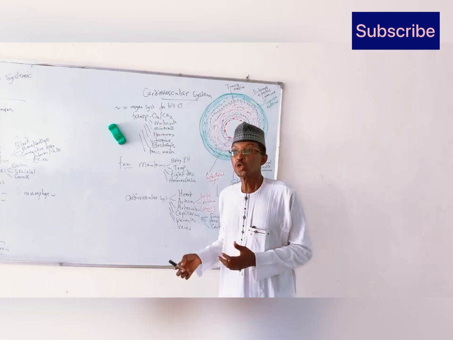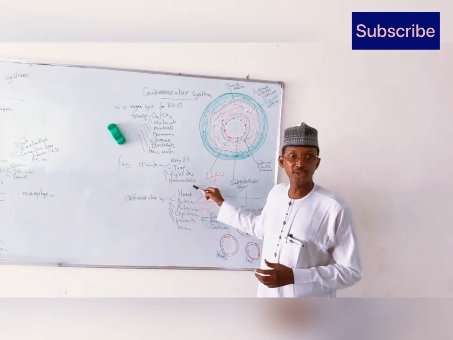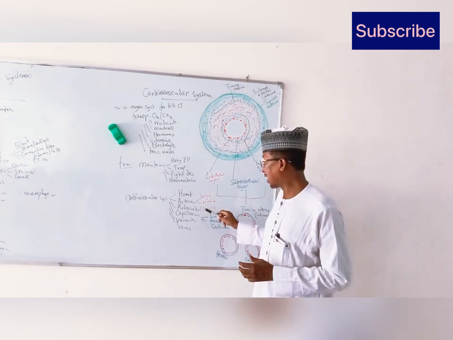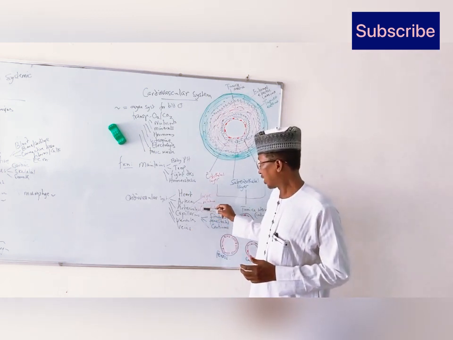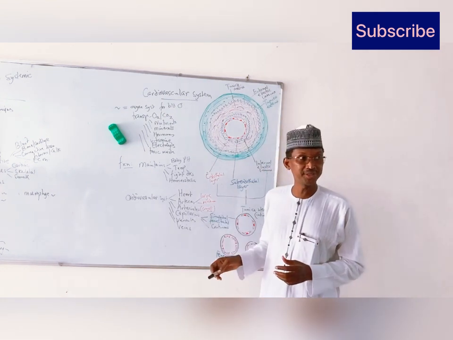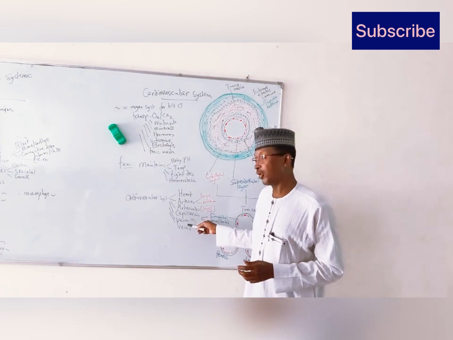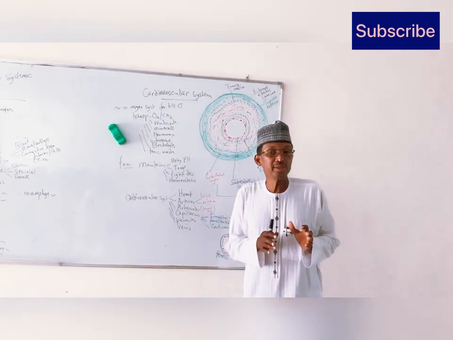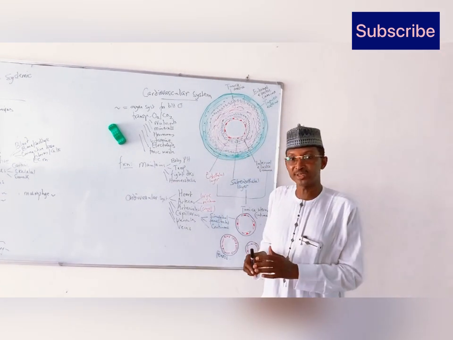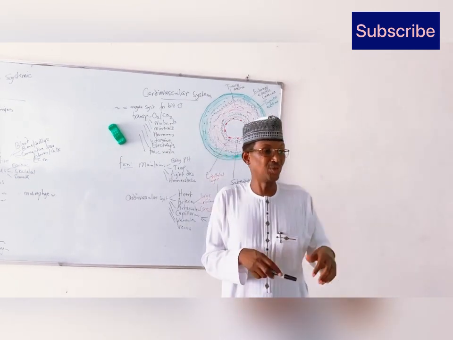You get my point? So now the heart gives rise to the arteries, and the arteries, we have these categories, large, medium, and small, and then we have the capillaries, and then finally we have the veins and the venules. The division of these arteries or veins has something to do with the size.